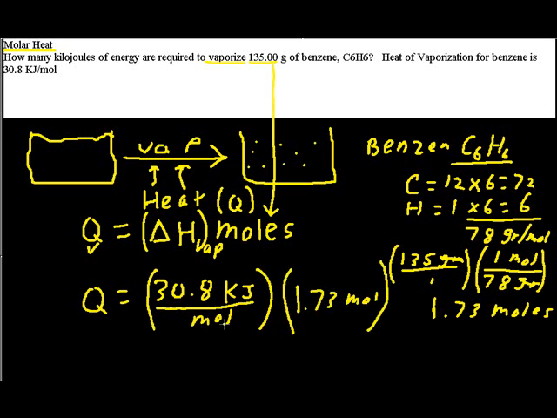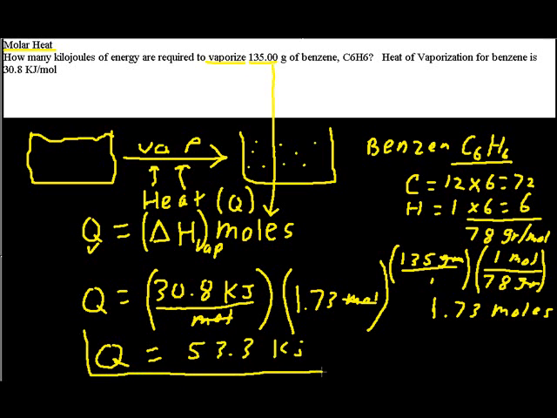My writing continues to be very poor, I'm sorry. Our moles cancel out. And so the amount of heat that has to flow in to cause the liquid benzene to turn to a gas is equal to 53.3 kilojoules.